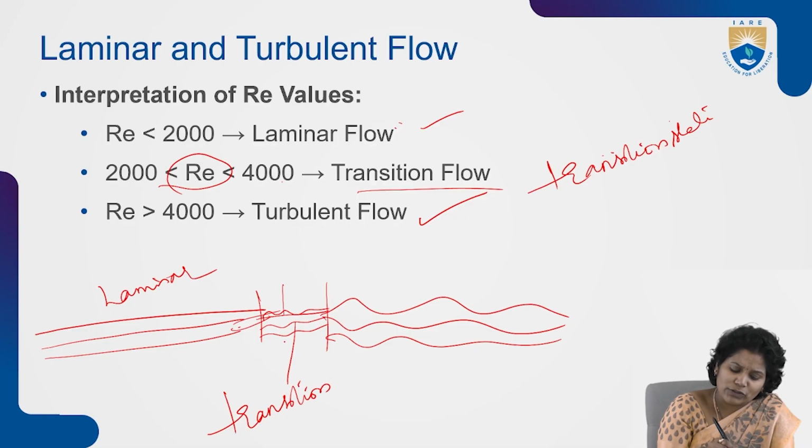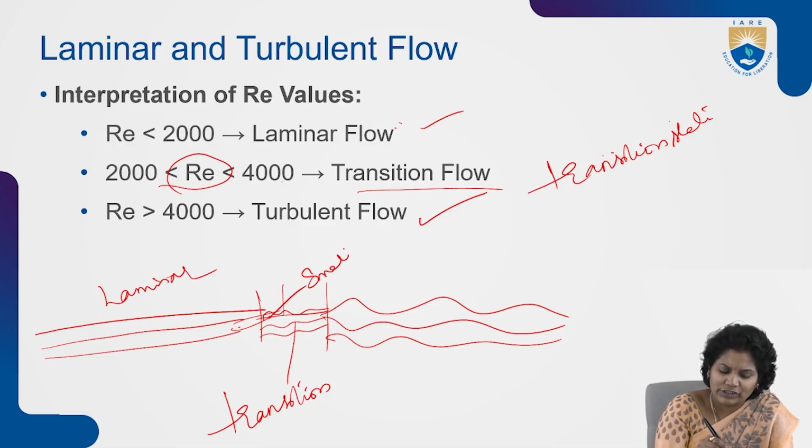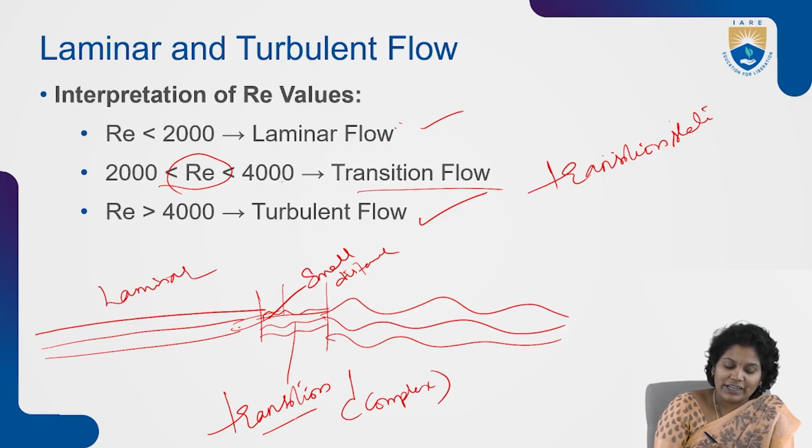The distance of the conversion from laminar to turbulent is very small, very negligible, and it is very complex to calculate the transition distance, right?